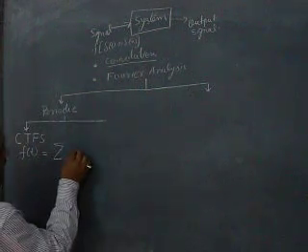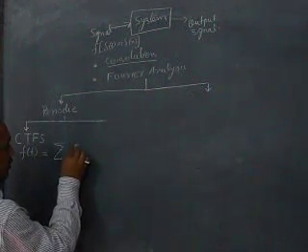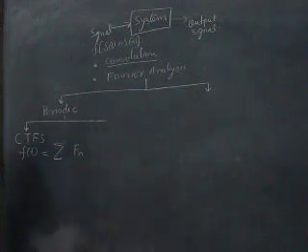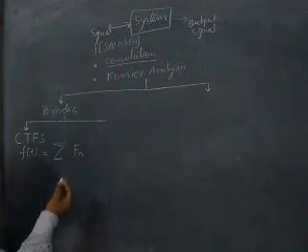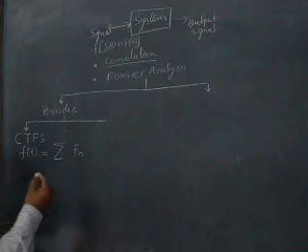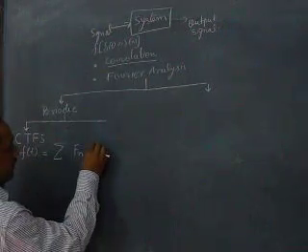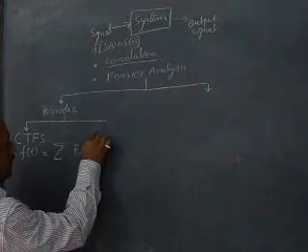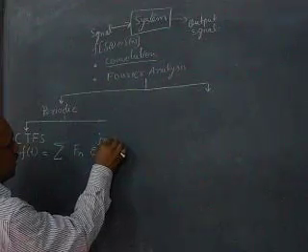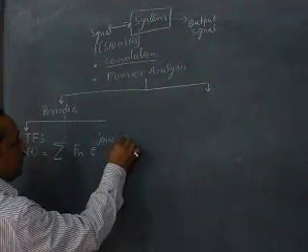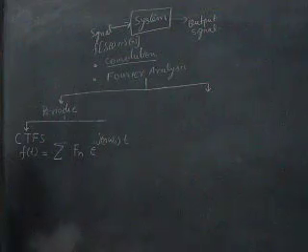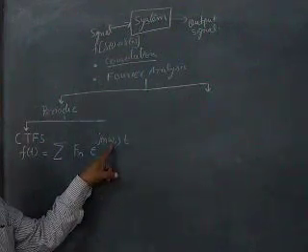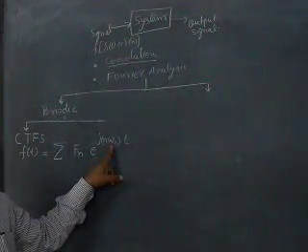If we consider the exponential as the function and F_n as the coefficient corresponding to the nth harmonic, then it will be represented as e to the power j n omega naught t. Here n omega naught is the fundamental angular frequency.